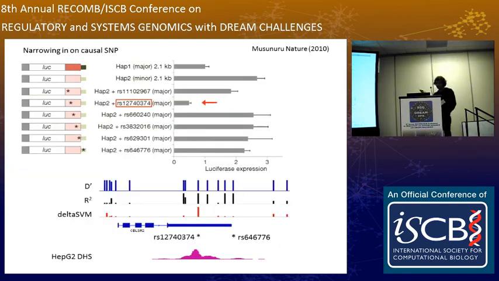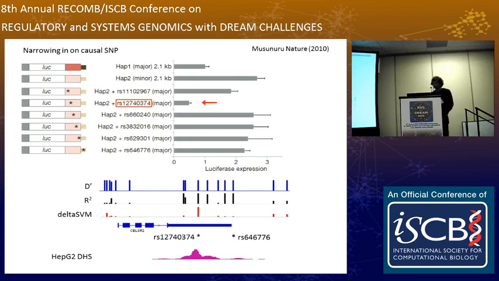So they were able to narrow down on this region more closely, and experimentally tested each one of these SNPs that are transmitted along with the associated allele 646776. They tested each one individually and showed that just one of these really reduces the expression back to the major allele from the minor allele.